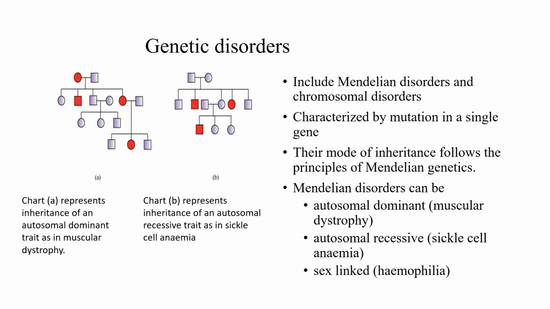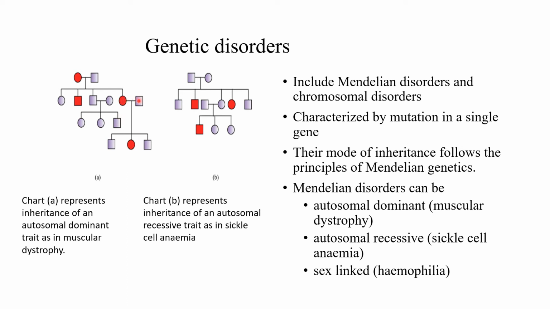dominant, a Mendelian disorder. See here, the female is affected, the male is normal. The children are one female, then one affected male, one normal male, then one affected female. Then they are breeding, here a normal male with a normal female, so 3 normal individuals are produced.